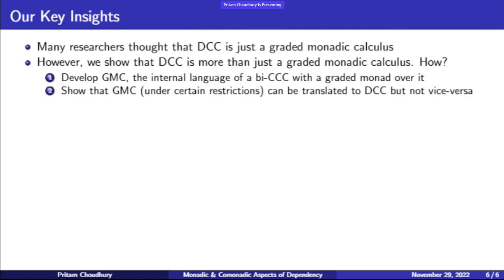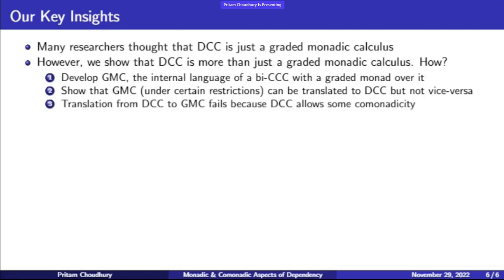And we show that GMC under certain restrictions can be translated to DCC, but not vice versa. The translation from DCC to GMC fails because DCC allows some comonadicity in it. So DCC is not just a graded monadic calculus. It is something more than that.